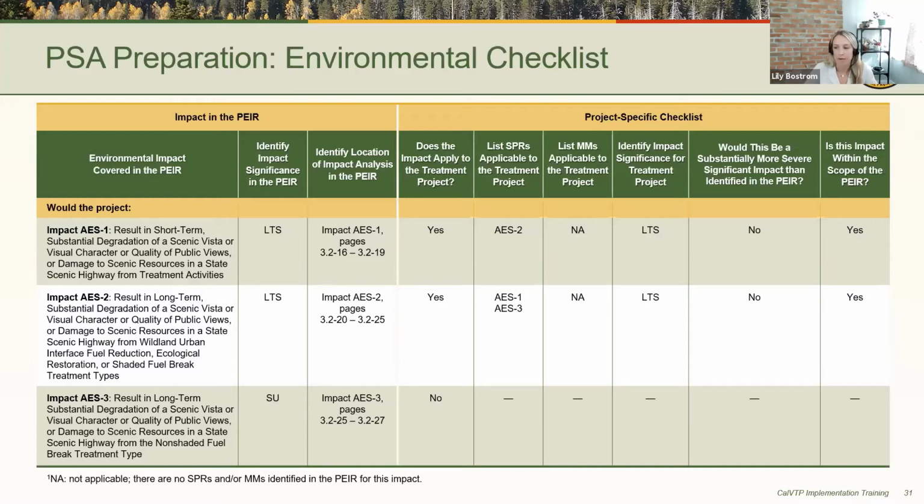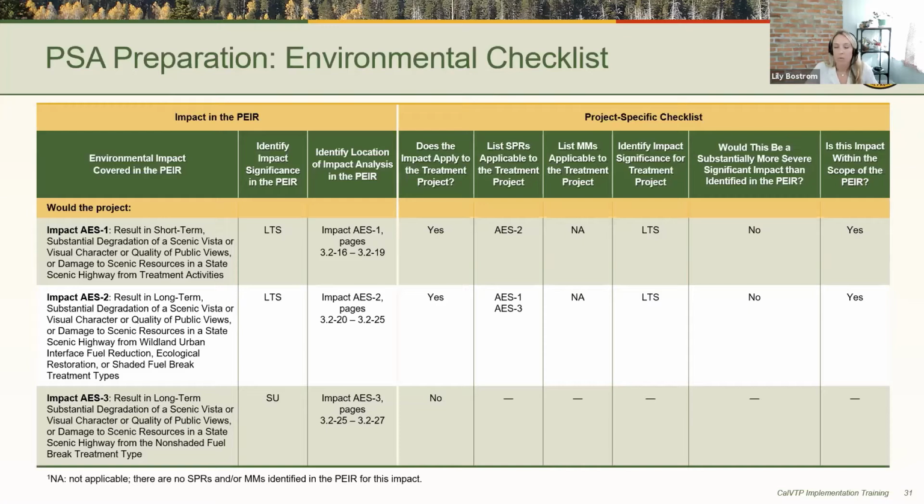What you do need to fill out is the columns to the right of the thick white line. The first column asks whether this impact does apply to your treatment project. You then list any standard project requirements or mitigation measures from the CalVTP that are applicable to your specific project. You then identify the impact significance for your treatment project.